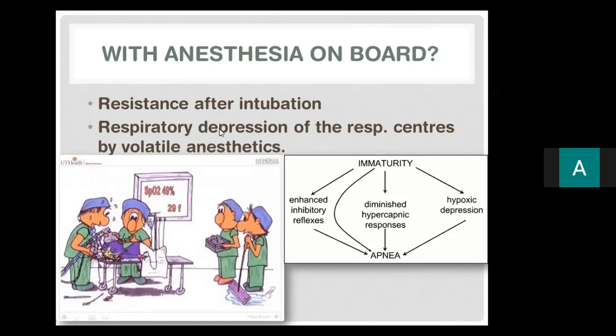The younger the child, the more premature they are, the more apneic spells they have, even in the post-operative period. So that's something to keep in mind. This explains the ways in which they end up with apnea. They have more inhibitory reflexes, and then the other two that we've talked about.